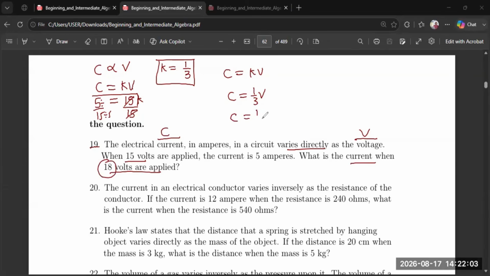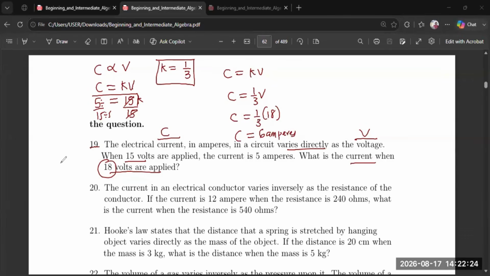So that will become 1 over 3 times 18. When you divide 18 by 3, you get 6, because 6 times 3 is 18. You're going to get 6 amperes. So that will be the answer for this variation problem. I hope that makes sense.